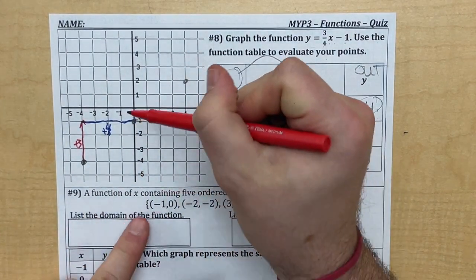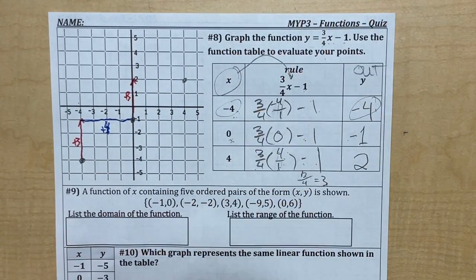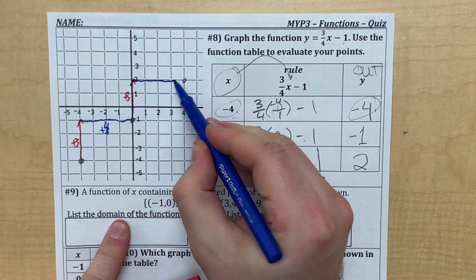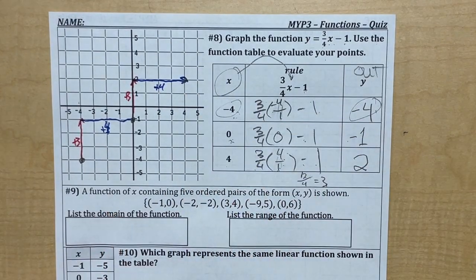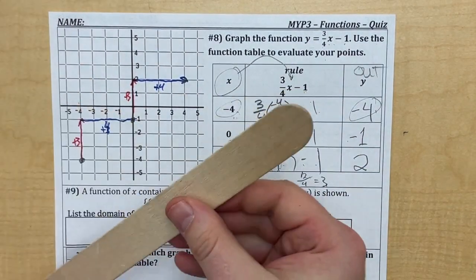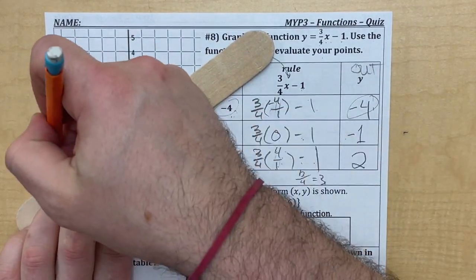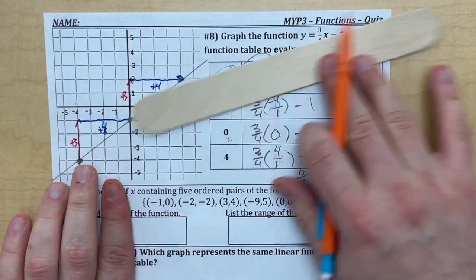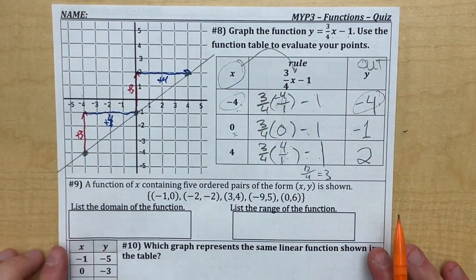Again, I should be able to repeat that to get my next ordered pair. Plus 3, and then plus 4. So again, notice how I get those ordered pairs each time, and they fall directly on the line of my function. So again, be able to use that slope for yourself so that way you can easily graph those points.